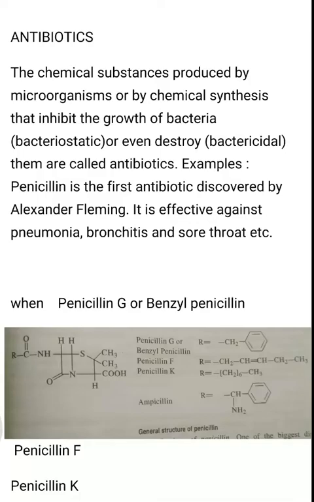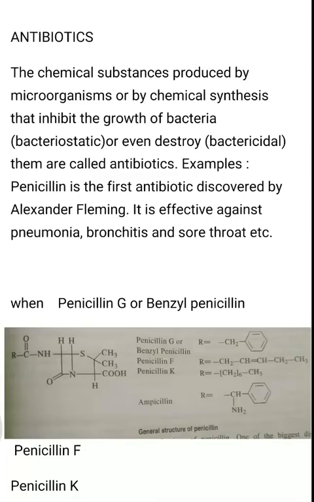The very first antibiotic was prepared by Fleming, and Fleming synthesized penicillin. There are varieties of penicillin available nowadays. Penicillin is effective against pneumonia, bronchitis and sore throat.